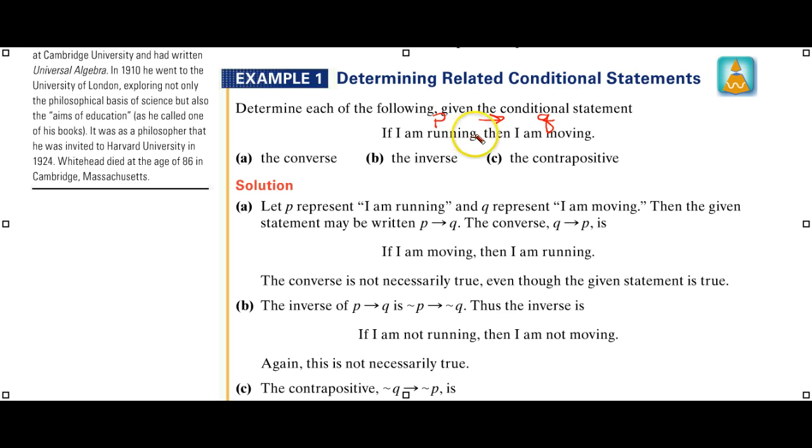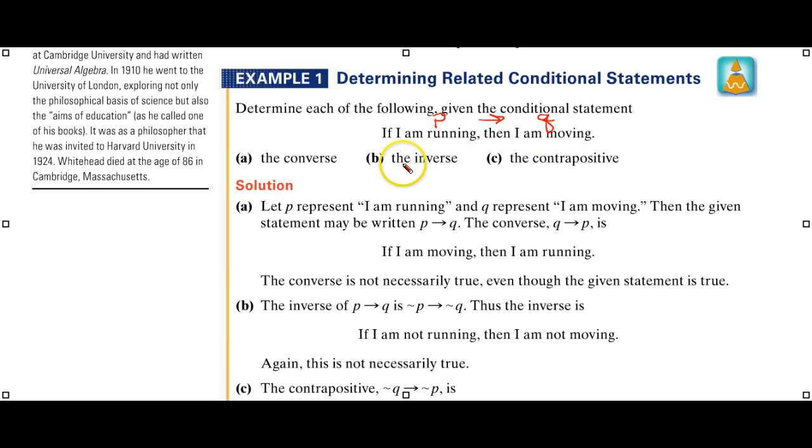So if I am running, that will be your P, and then I am moving would be the Q. So the converse of it would be to put the Q yields P. If I am moving, then I am running. Now, as we look at the truth of that, it may be true, but not necessarily. You may be walking.